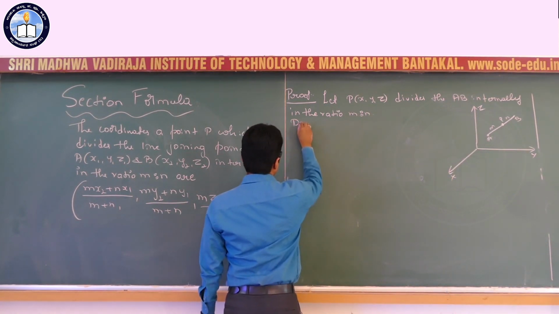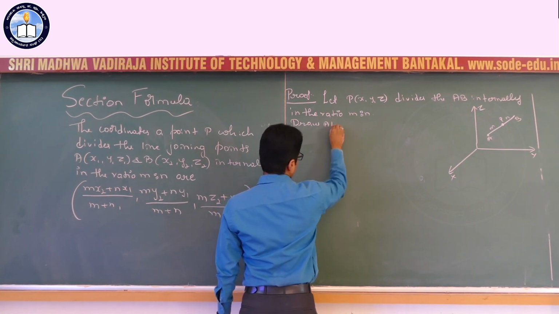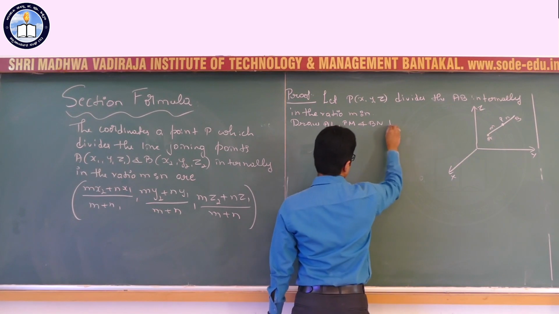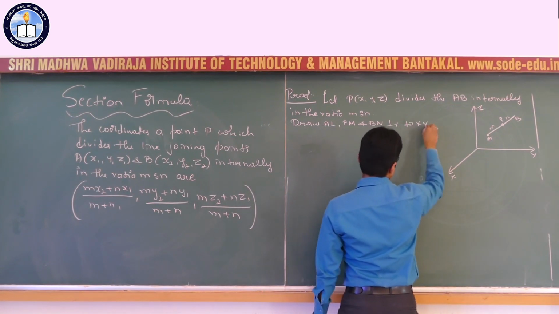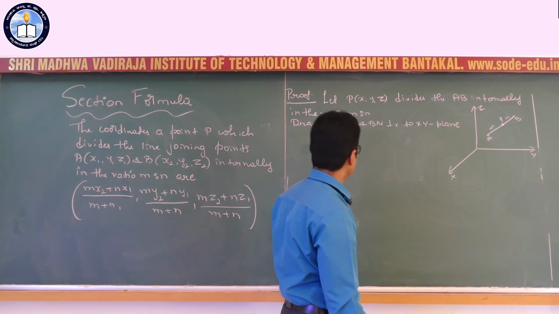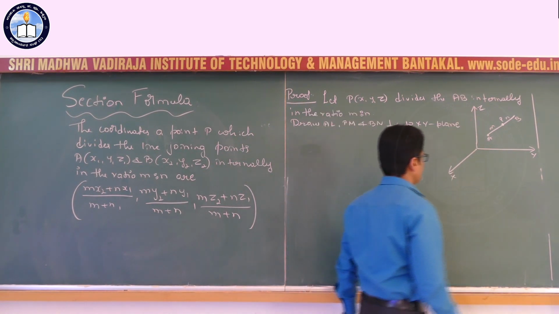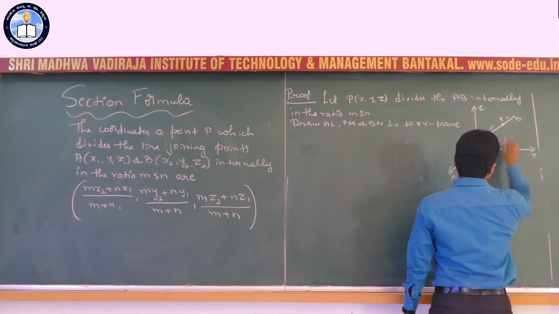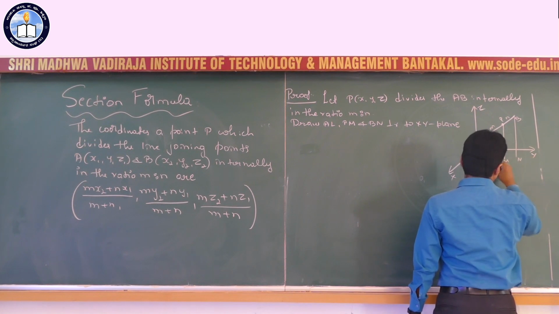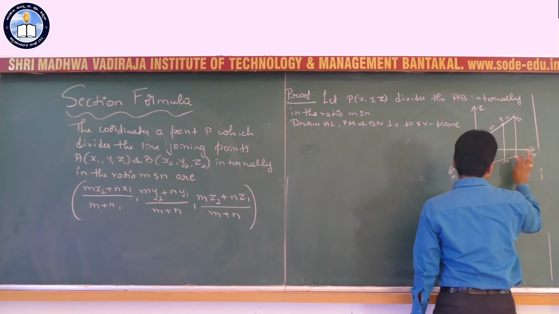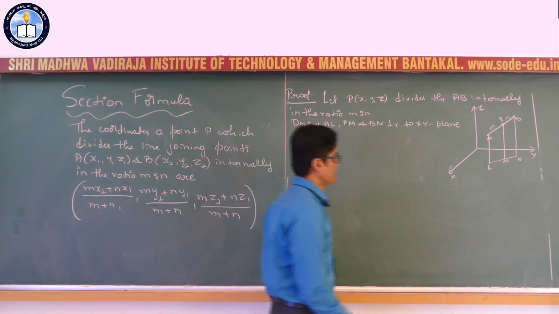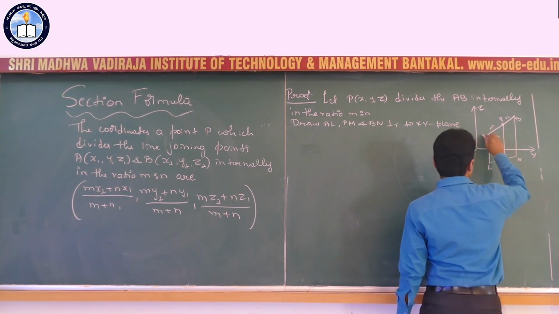Draw AL, PM and BN perpendicular to the xy plane, like this. They are actually perpendicular, but the diagram doesn't show it, it's okay, nothing will happen because you can draw only this much in a plane.